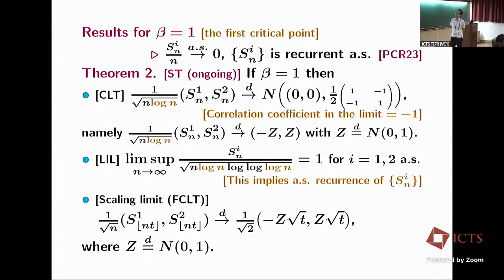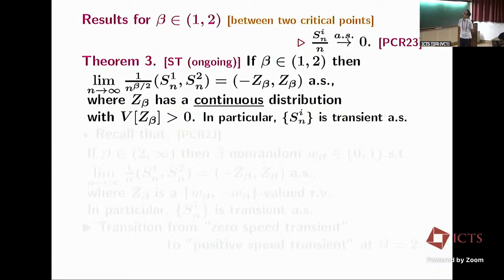And here is the result for the intermediate regime between the two critical points. In this regime, only this was known, but we obtain the precise order. We found the precise scaling for this case, and the limit variable has a continuous distribution, with no point mass, and so we obtain the transience of the elephant random walkers in this region.